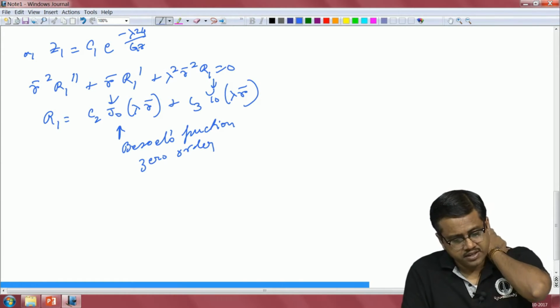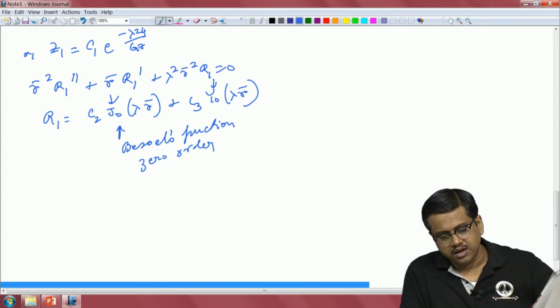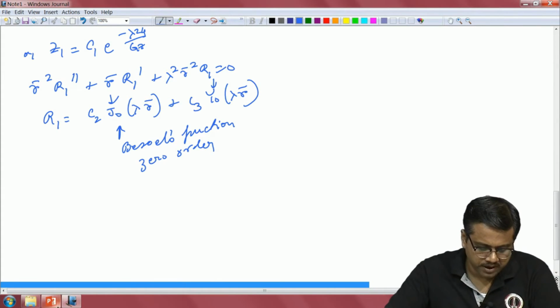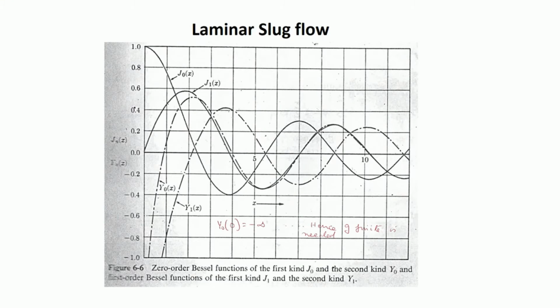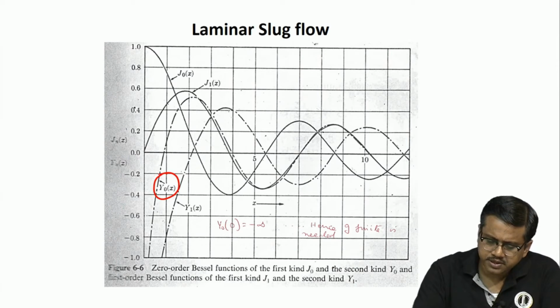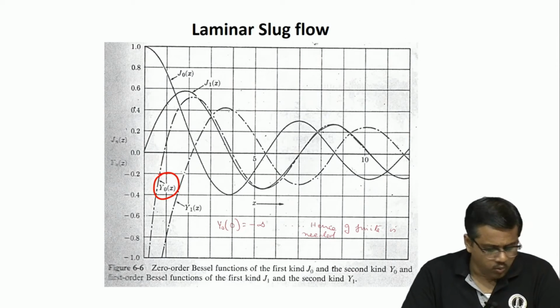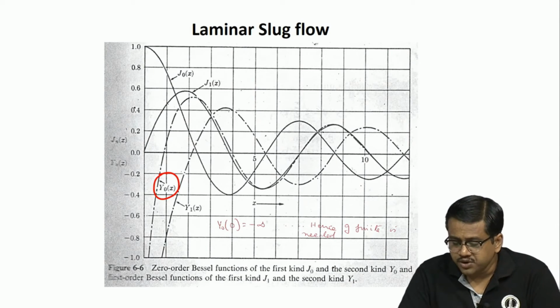One interesting thing about this particular solution is that, let us look at the companion PPT. Here we have plotted the functions and I have marked a few things. As you can see, Y, the second kind, at 0 goes to minus infinity.